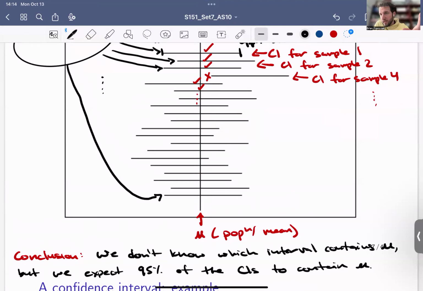Right? So that's the main takeaway from this. And again, this is why that word confident is so important because behind that word is a very specific and a very important acknowledgement of how this process works.